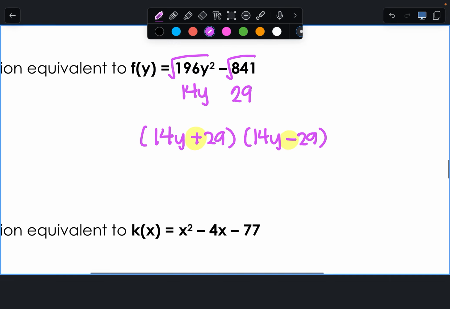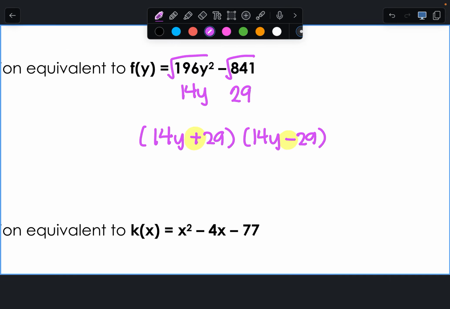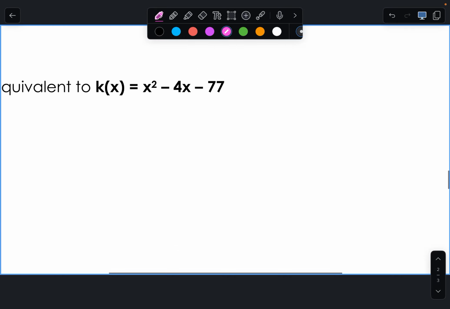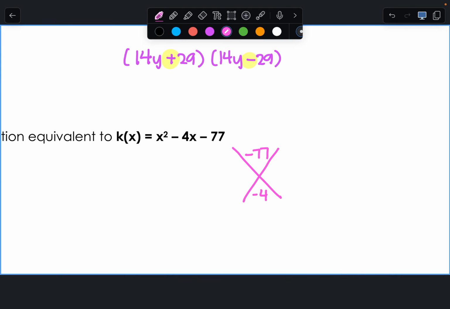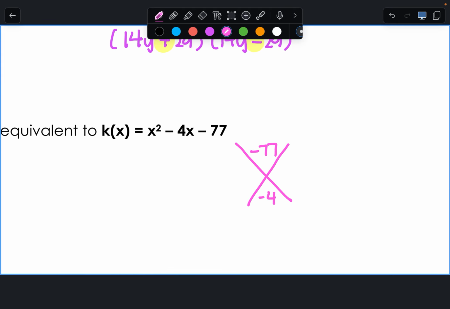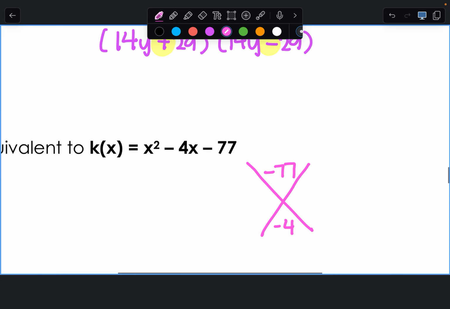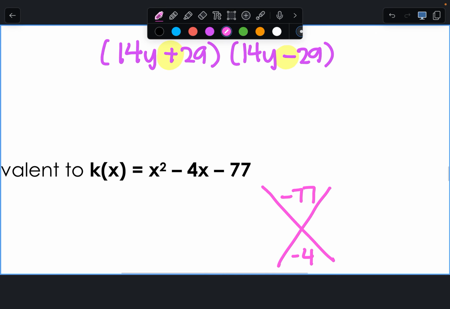The last one. How do you know you go straight to diamond and not kidnap? Because there's no number in front of x squared. Good. So the top numbers are negative 10 and 7?